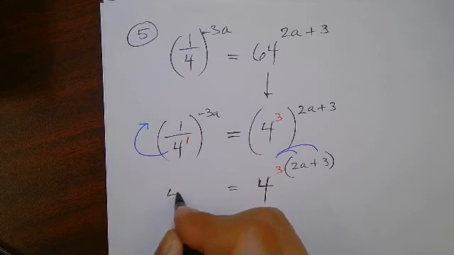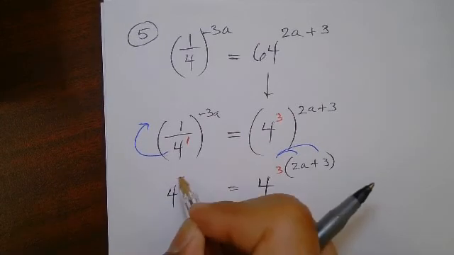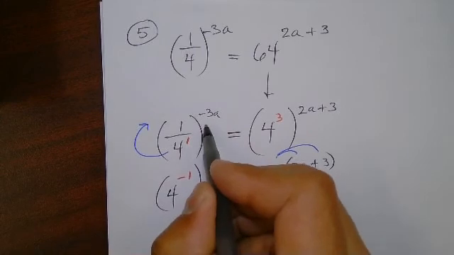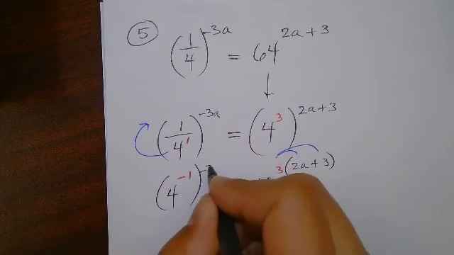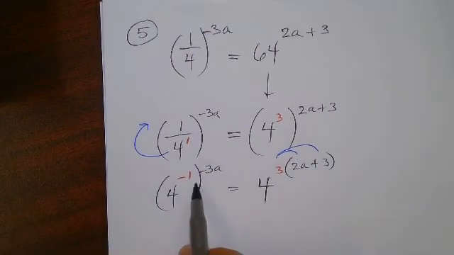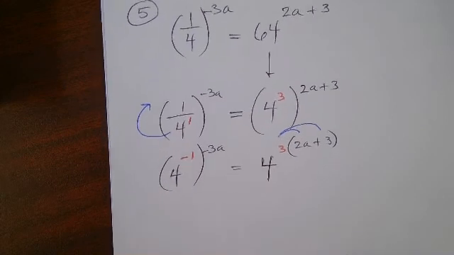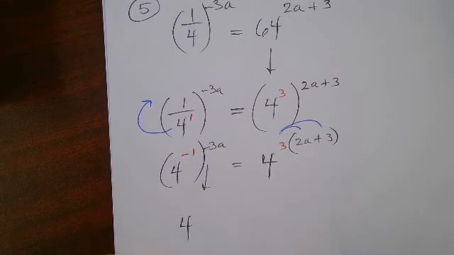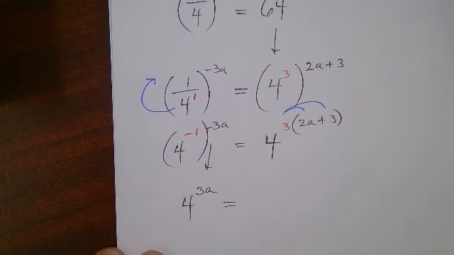But what's going to happen to this? I don't want a fraction. Remember, when you have a fraction like that, this is going to move up. And that's really going to be what? 4 to the power of what? Negative 1. You got 4 to the power of negative 1, but you also have it to the power of negative 3a. What happens to those? Those multiply, right?